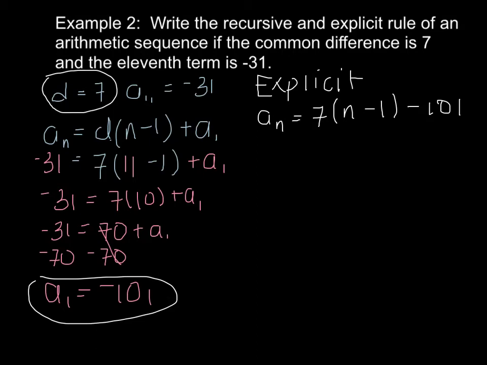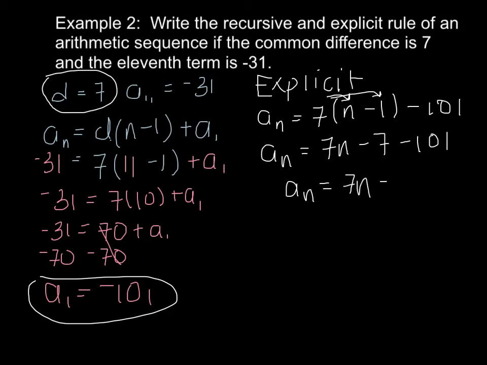It may look like that, or it may be simplified. If we need to simplify, make sure you distribute the common difference to both n and minus 1. So 7n minus 7 minus 101, and completely simplified is 7n minus 108. The recursive rule.